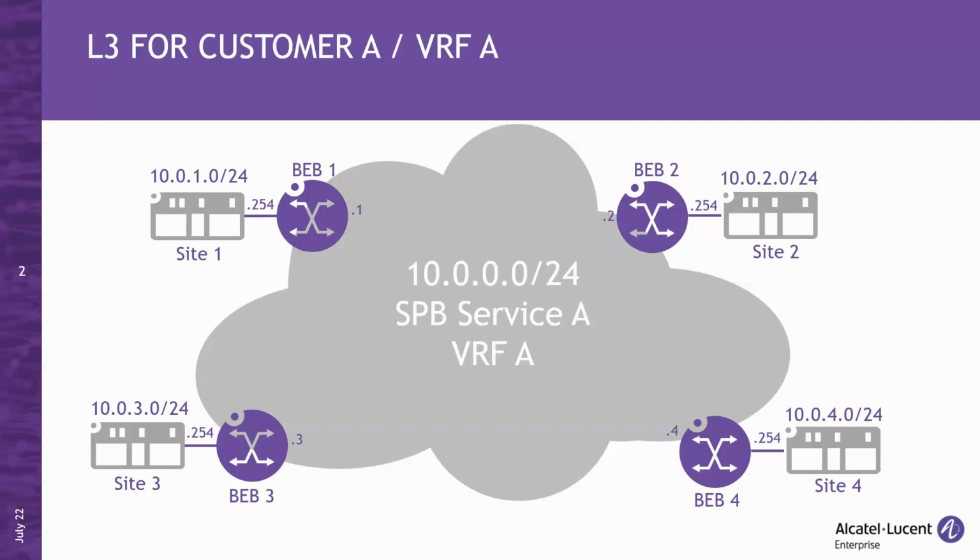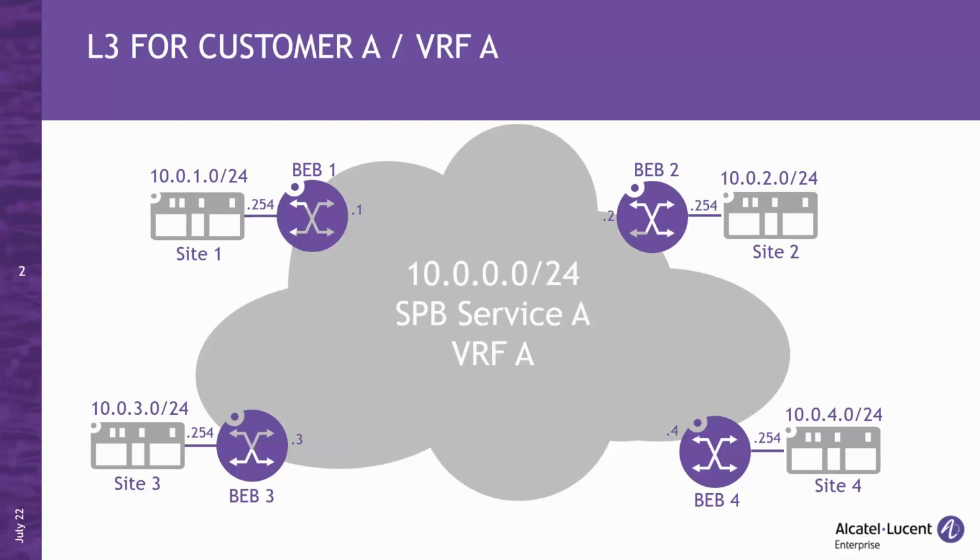These BEBs have a LAN-facing interface which acts as the local site default gateway, as well as a WAN-facing interface to reach remote sites. All WAN interfaces are bound to a single SPB service and are on the same WAN subnet. Lastly, all the LAN and WAN IP interfaces associated to customer A are bound to the same customer A VRF to provide Layer 3 isolation between different customers.